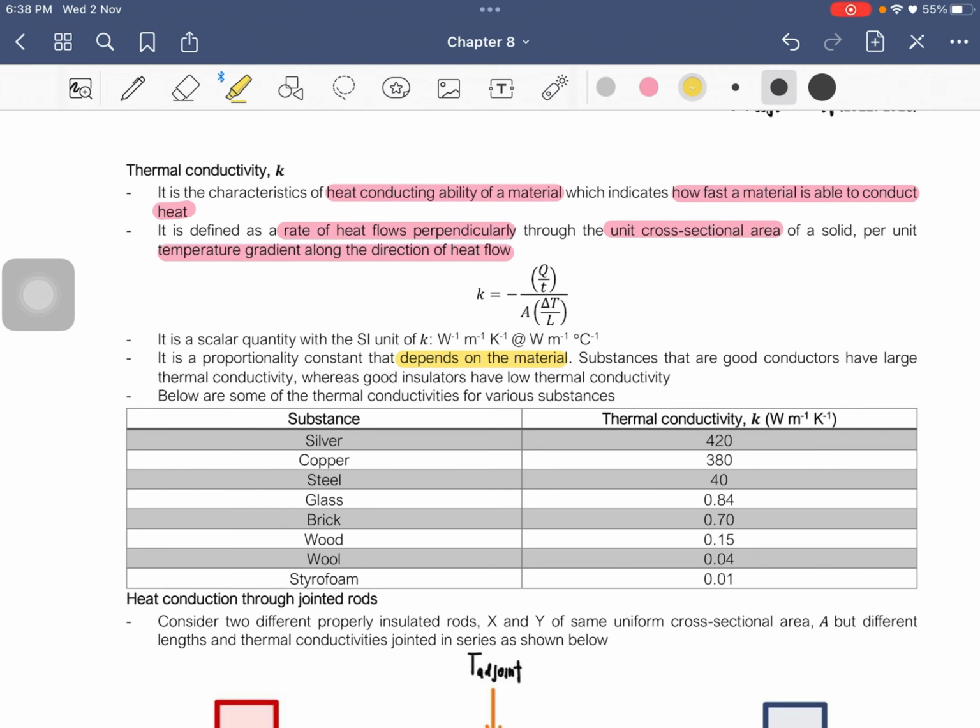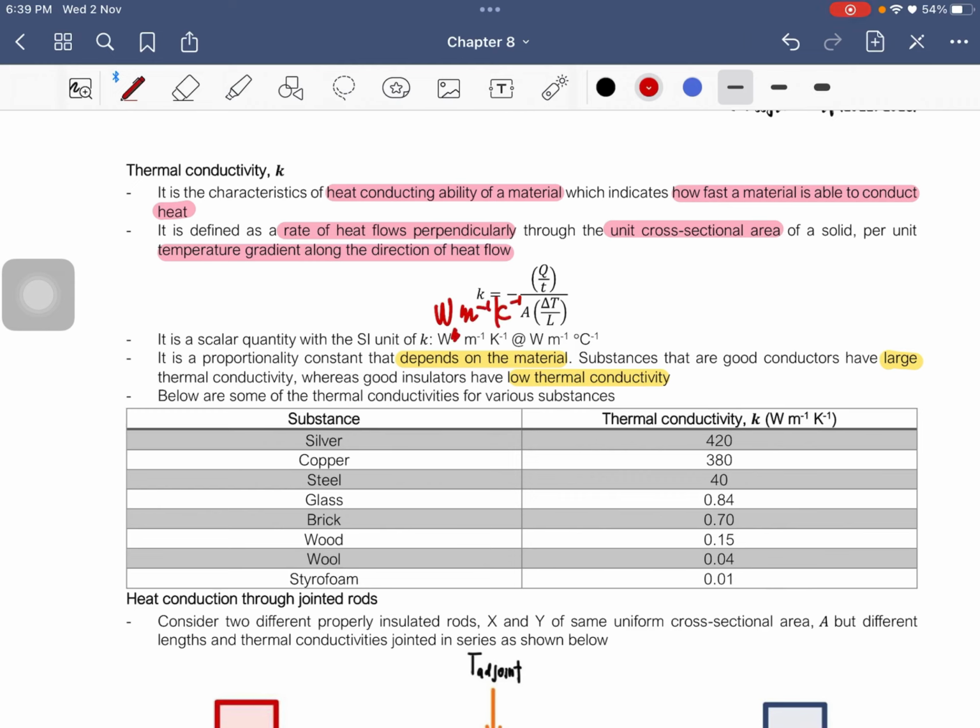So anything that is a good conductor would have a larger thermal conductivity, whereas good insulators have low thermal conductivity. So maksudnya dia tidak cepat panas lah maksudnya. Okay, let me just double check on the unit because I think I wrote something. Yeah, so the unit isn't supposed to be watt per watt for the Kelvin. It should just be watt per meter per Kelvin.